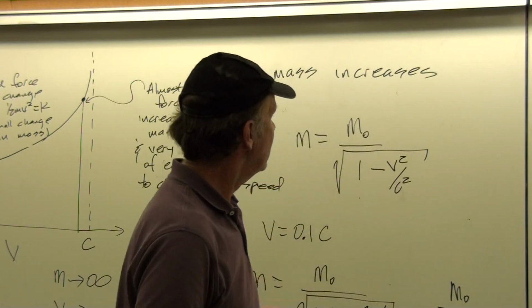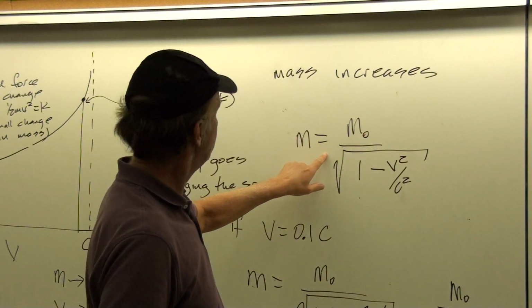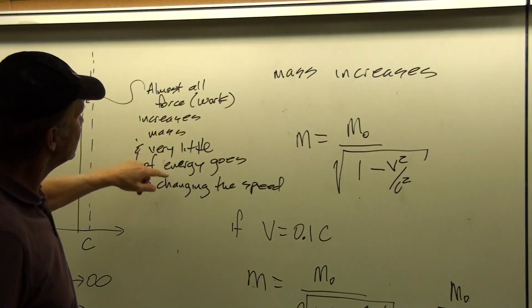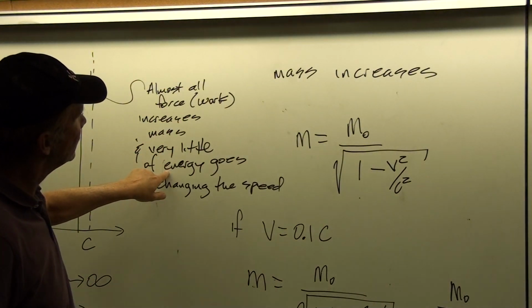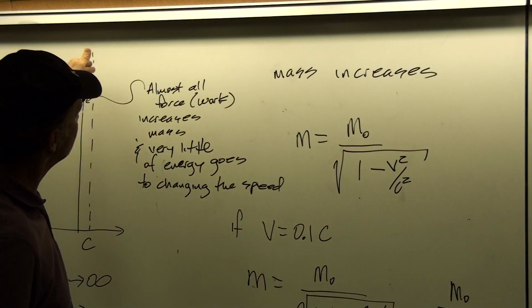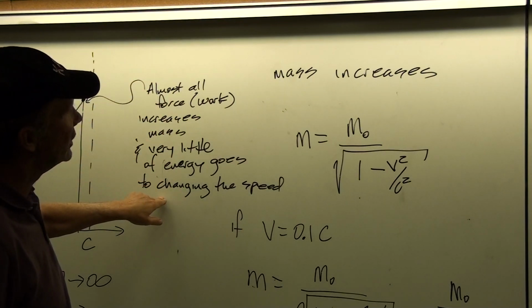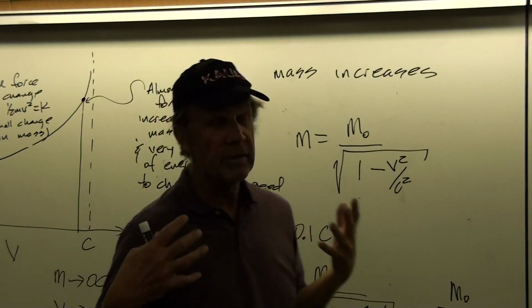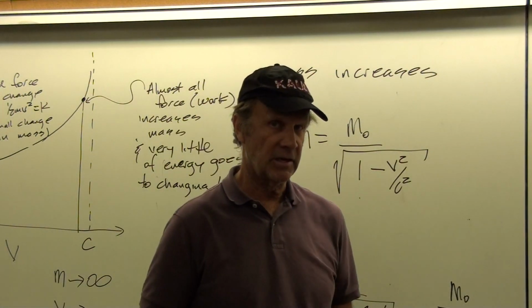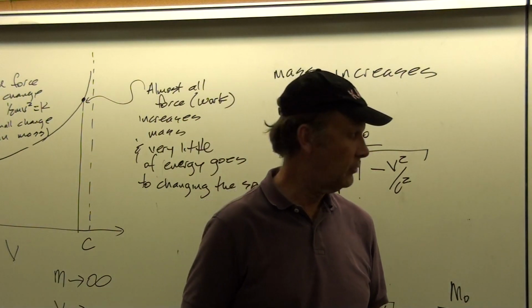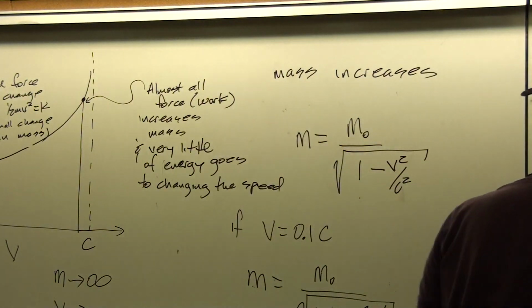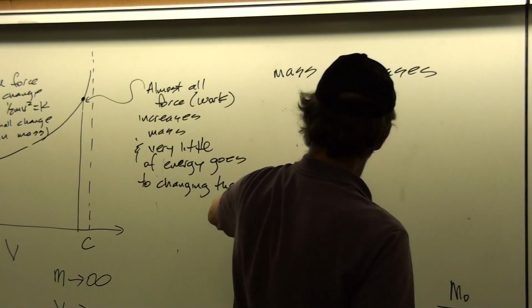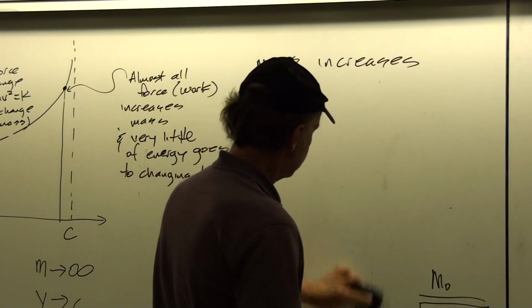Now we're seeing that essentially here, the energy is going into changing the mass when it gets to higher and higher speeds, and very little of it goes into changing the speed. So we kind of need a new relationship that connects mass and energy together. So where can we get that from? Well, first of all, we need to develop the idea of relativistic force.